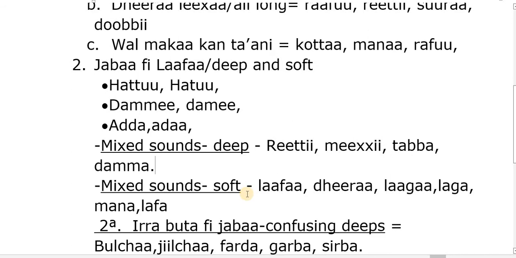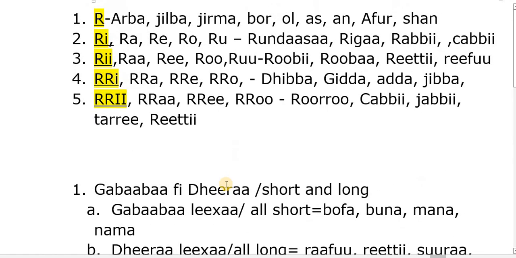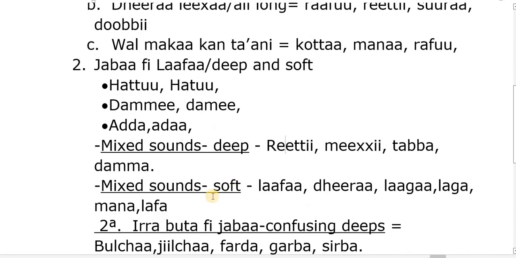So they are all mixed up in Oromo. When we write or read, we need to know those. Why do I say reti, not red, not ret? Because of the sound we indicated, they are longer when we read them. That we need to know.